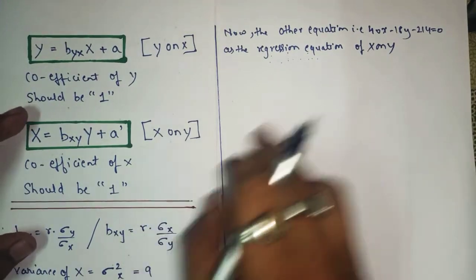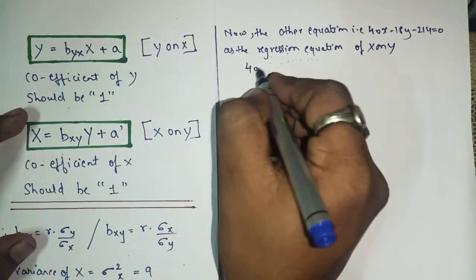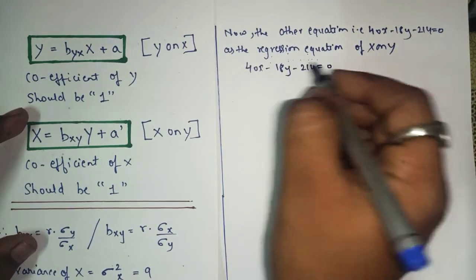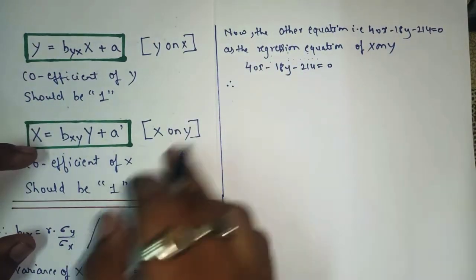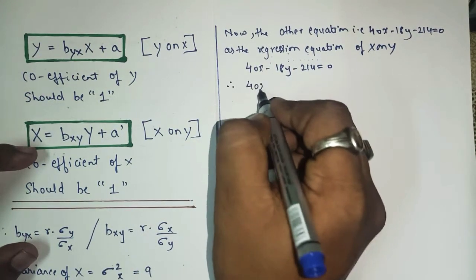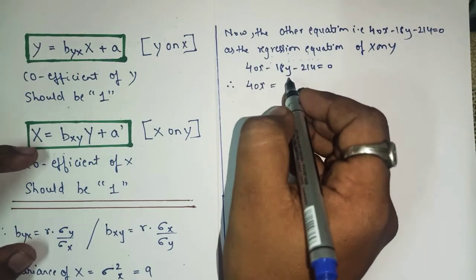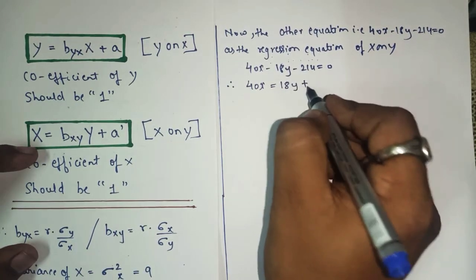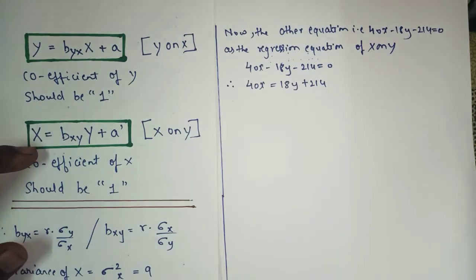So for x on y, we'll keep x on the right hand side and the remaining numbers and alphabets on the left hand side. So this will go that side, so this will be 18y and this will be plus 214.